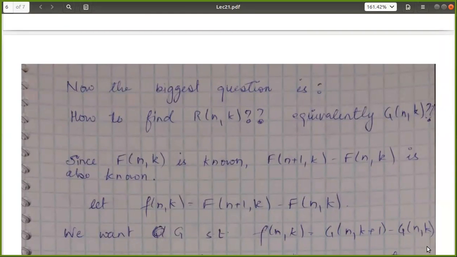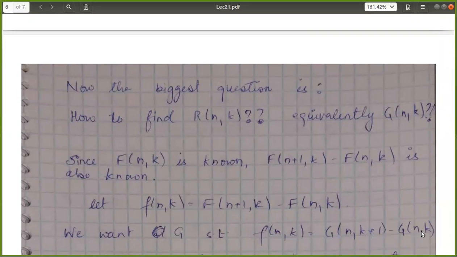But notice something here, that this particular function is a function of two variables, n and k. This also takes n and k as inputs. All of these take n and k as inputs.